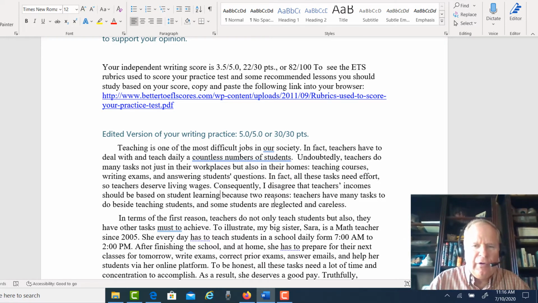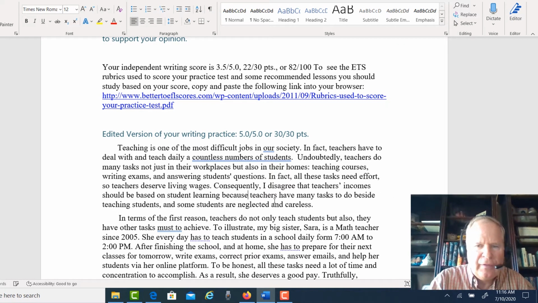Okay, so we have, consequently, I disagree that teachers' income should be based on student learning because this is a little awkward, because I would just say this, like this.